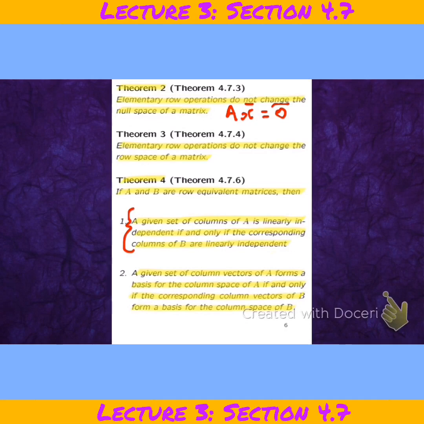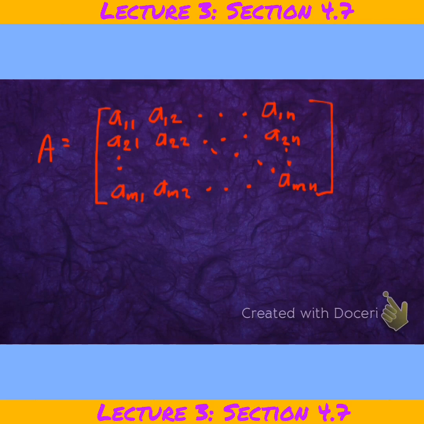Well, it's a very similar argument to the one I used to explain Theorem 3. So let's take my matrix A again. And again, we're not proving the theorem, we're just using an example to illustrate it. All right, so let's say my first two columns are linearly independent.